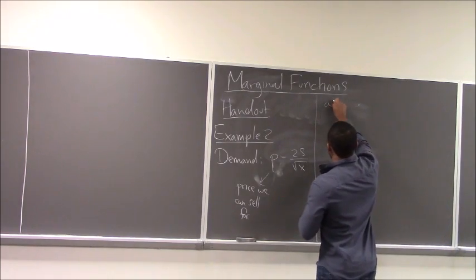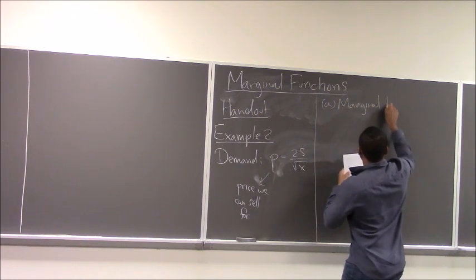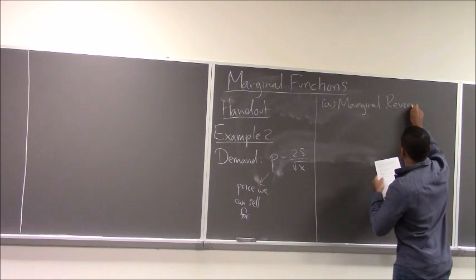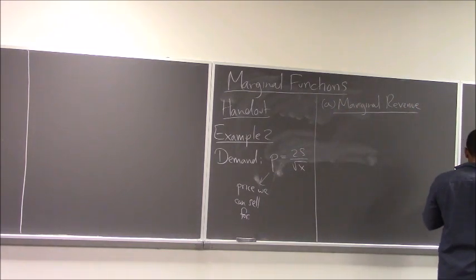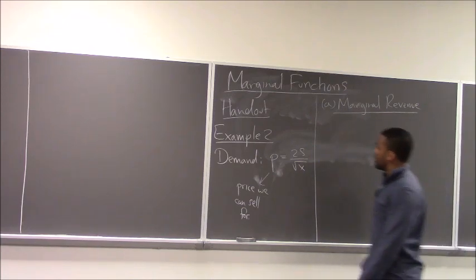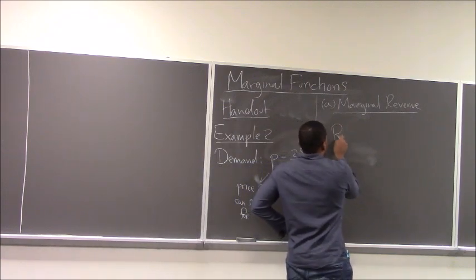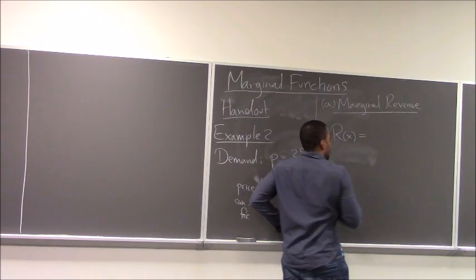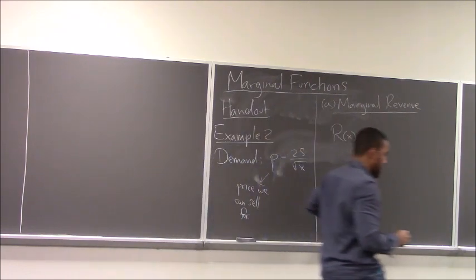And in part A, we wanted to find the marginal revenue. So what do we know about revenue? How would I describe the revenue from selling X items?